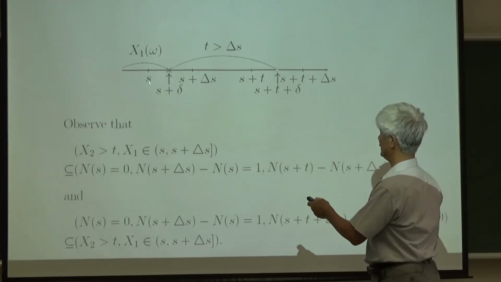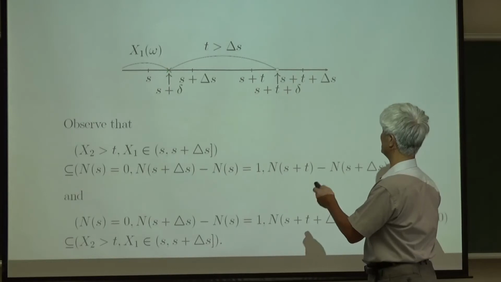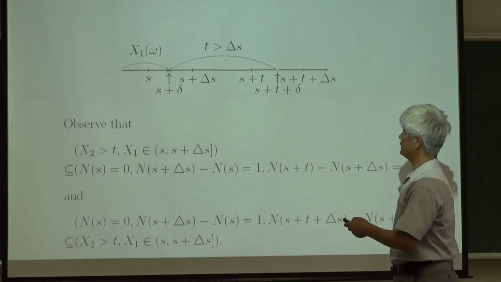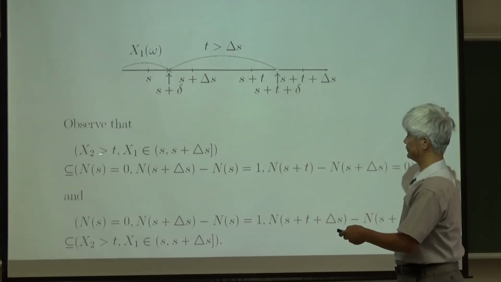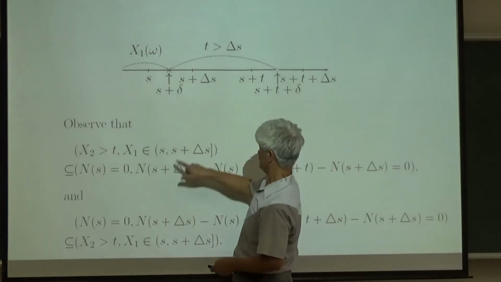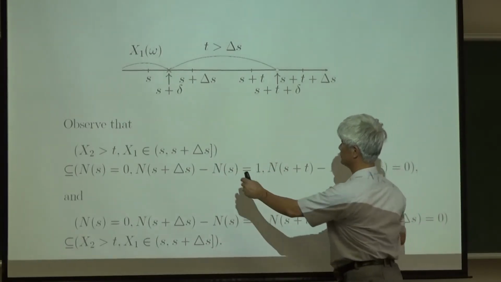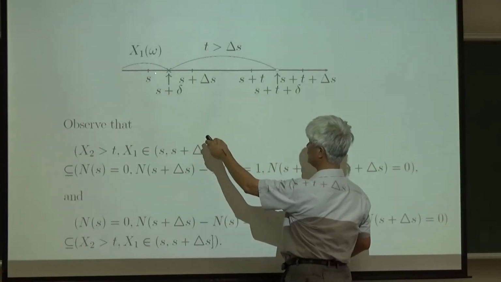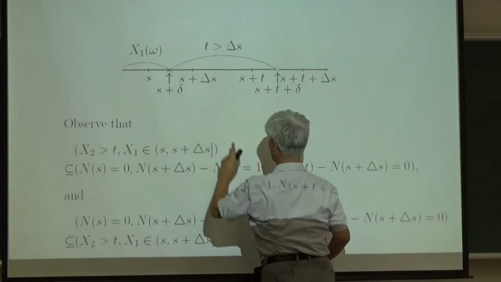So this is the time of the first arrival, and we can see that N(s) equals 0, no problem, and N(s plus delta x). So the increment in the interval S to S plus delta x is 1 arrival. Okay, we have 1 point.